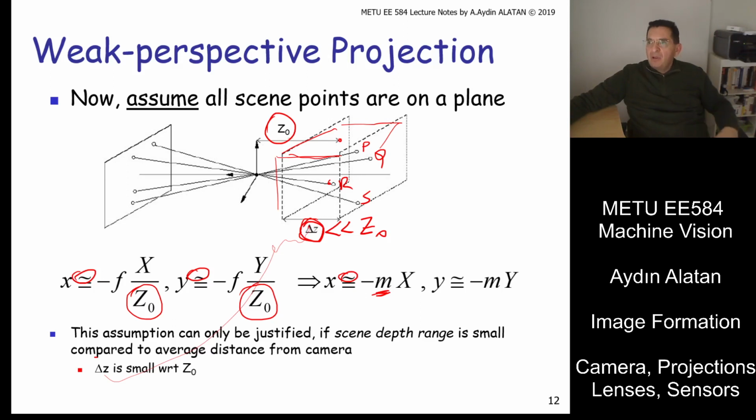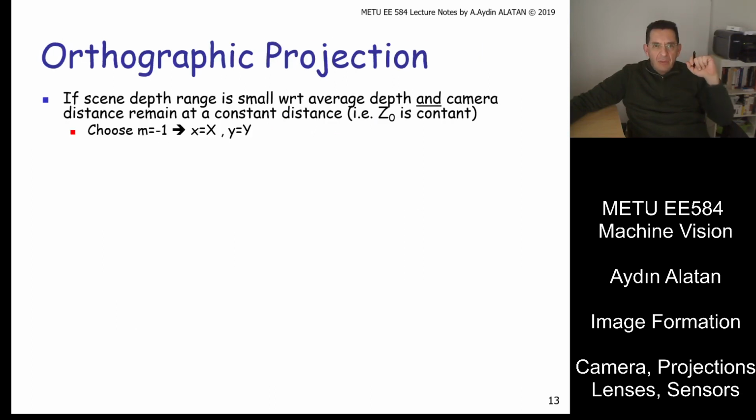Weak perspective will do the job as long as the depth range of the scene, the tops and peaks, is much smaller with respect to the total distance between the camera and the scene. Then you can assume weak perspective.